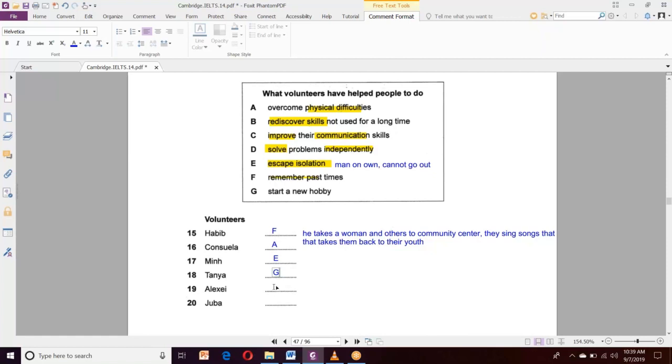So you might have 19. Okay, great. 19 was D. Okay, and they said that he told the people they were not helpless.